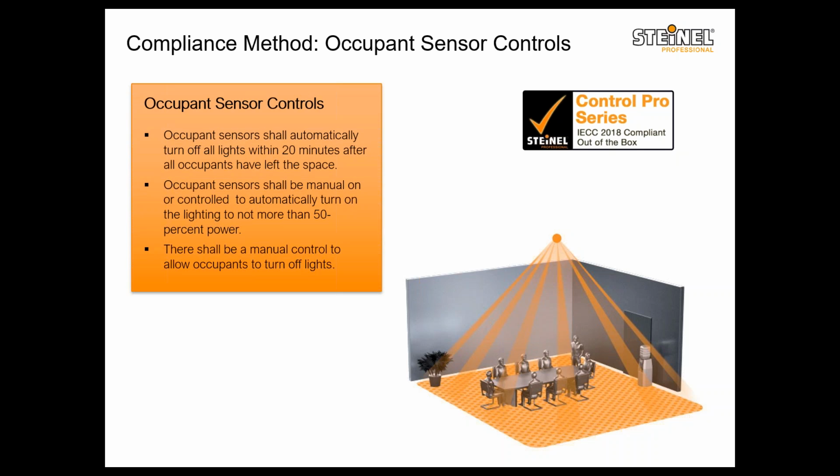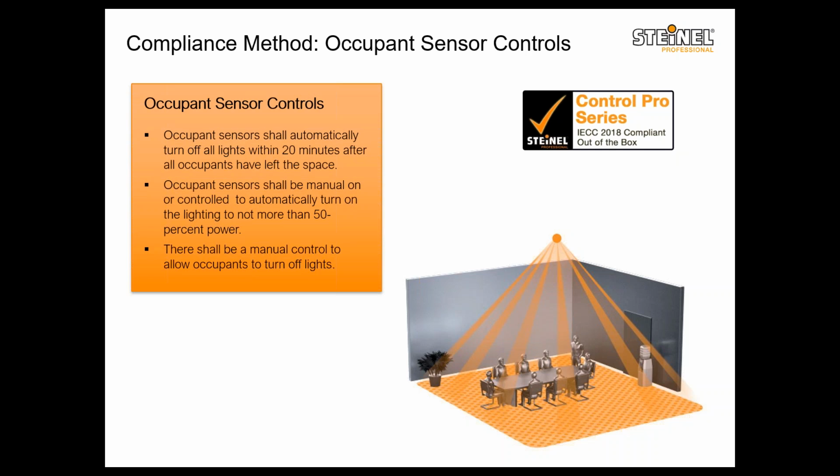So regardless of your application, your compliance method, or any way, shape, or form that you are going to provide some lighting controls, the maximum allowed time delay for an occupant sensor to turn off the lights after all occupants have left the space is 20 minutes now.